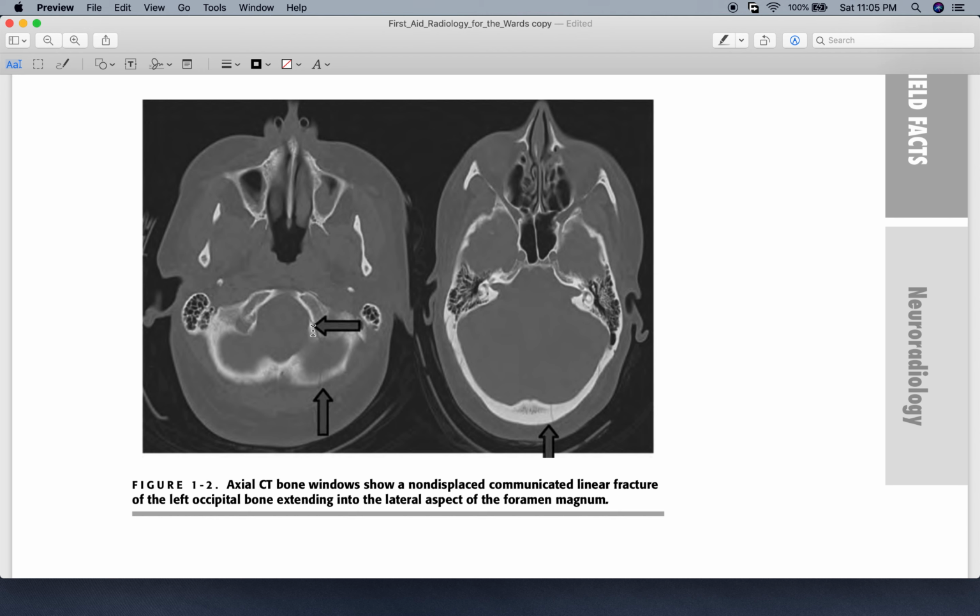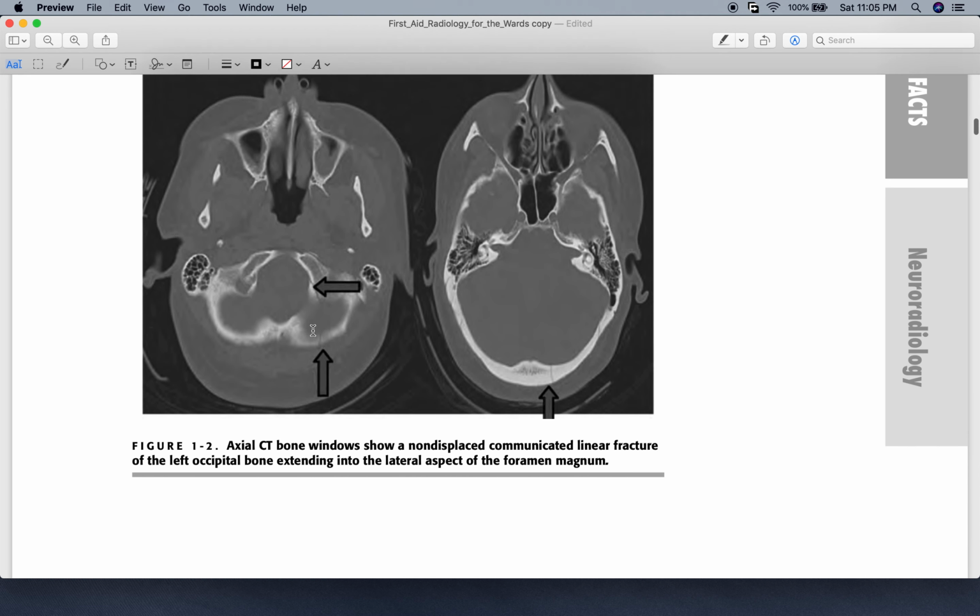I think this is a basal skull fracture. By the way, you know that a basal skull fracture can cause different symptoms like raccoon eyes, and also leakage of CSF from the ears and so on.